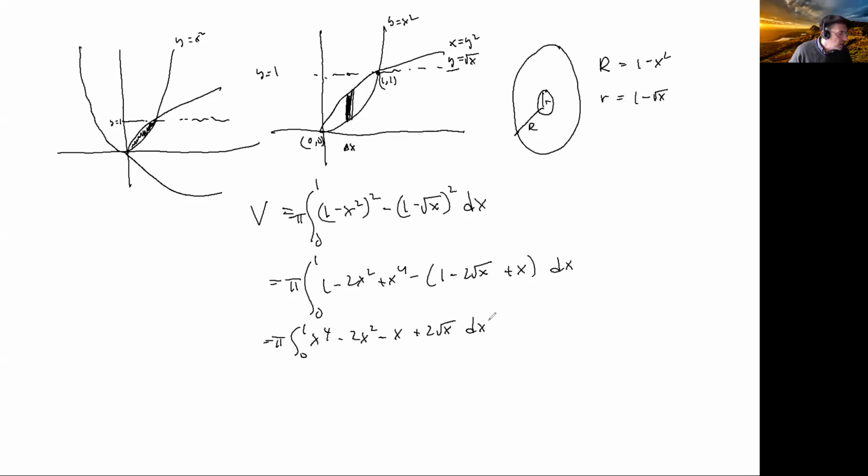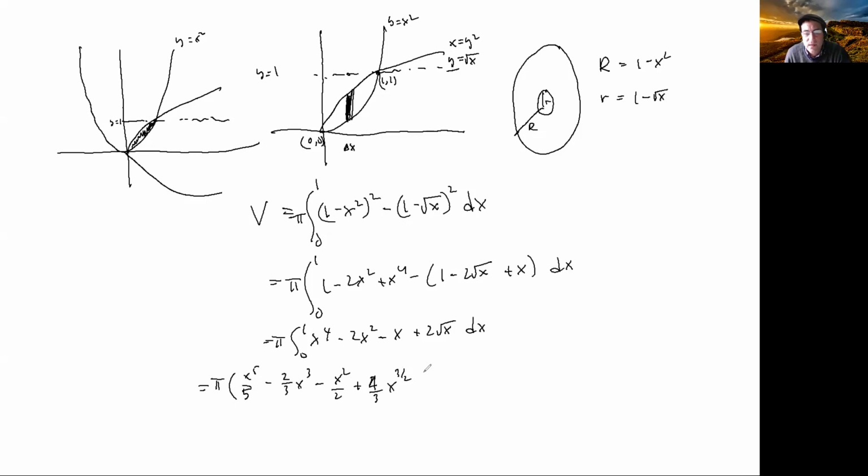Okay, and if we integrate, we get pi times x to the 5th over 5 minus 2/3 x cubed minus x squared over 2 plus, for the last term, 4/3 x to the 3/2, right? Because the derivative of that is 2 square root of x.